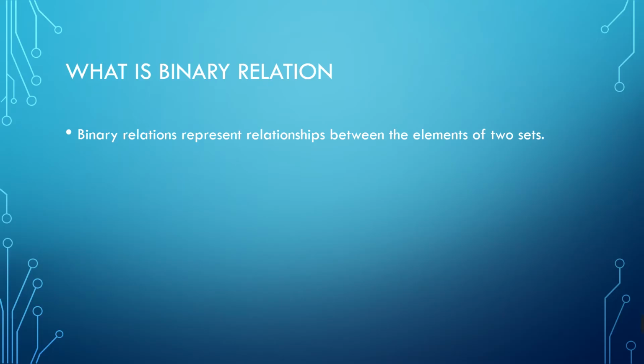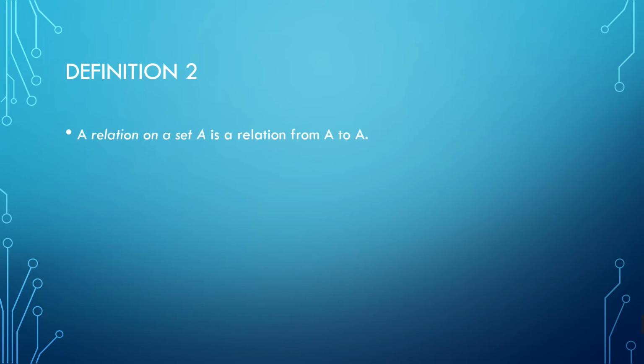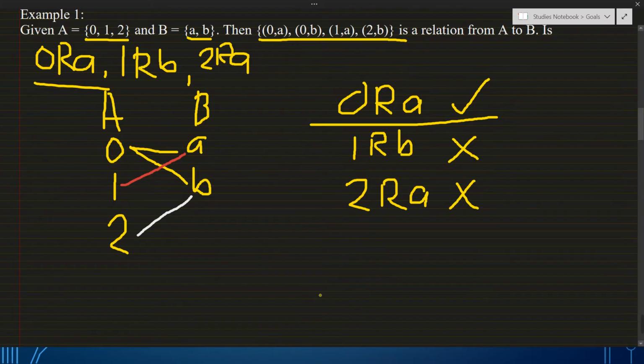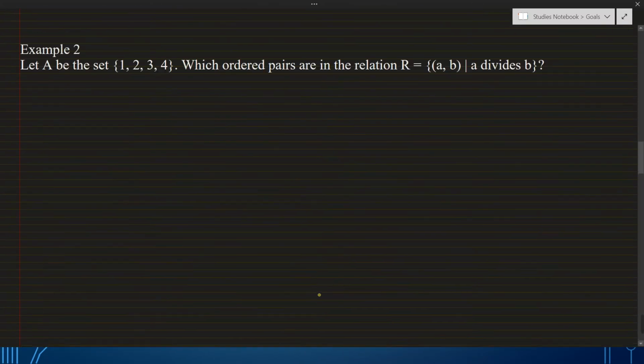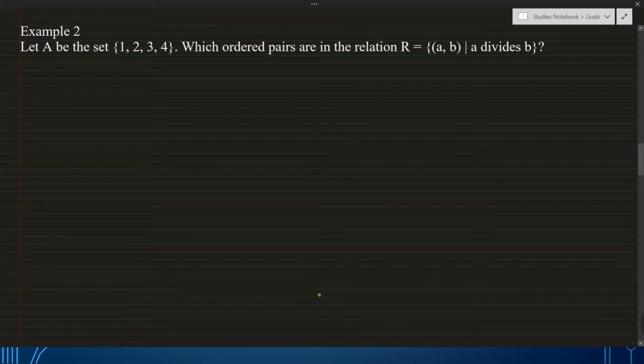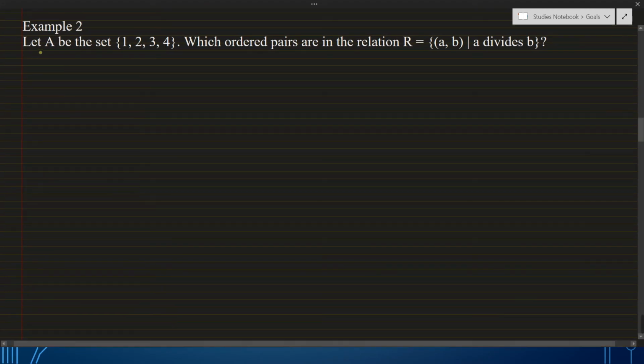Next slide. Definition 2: a relation on a set A is a relation from A to A. To further understand, I'll be giving an example. For example number 2, let A be the set of 1, 2, 3, and 4.